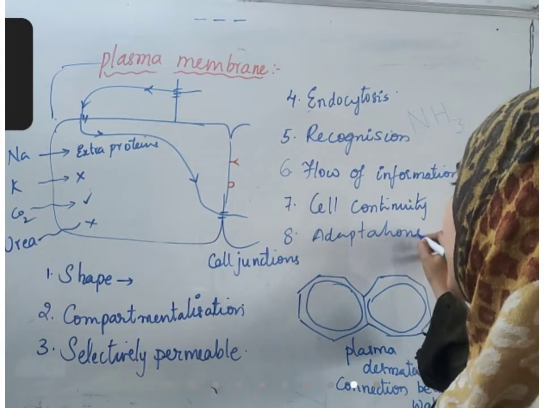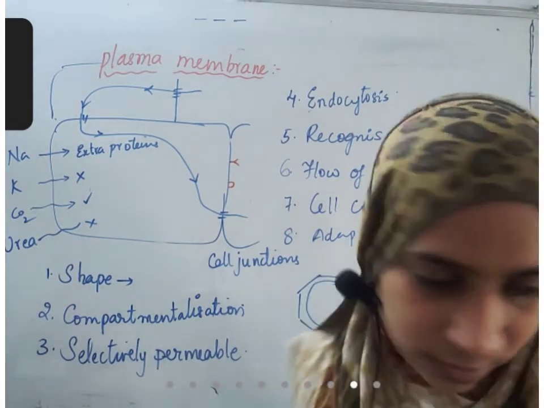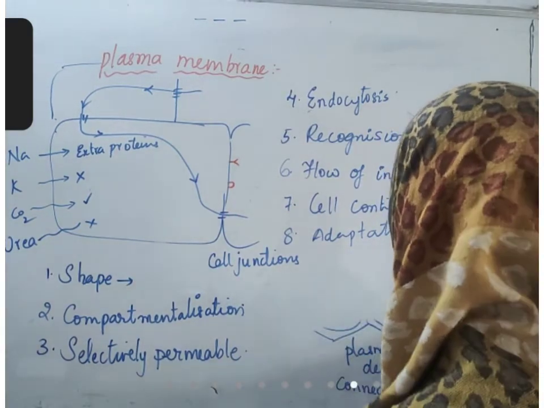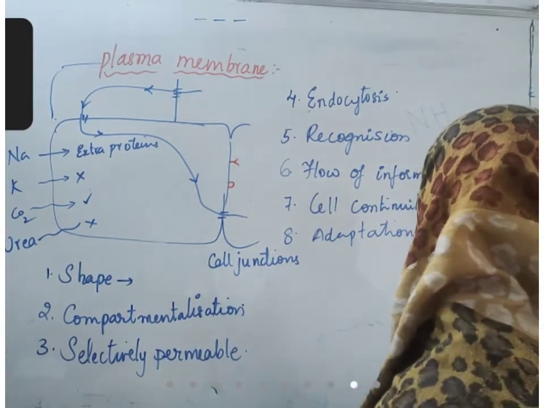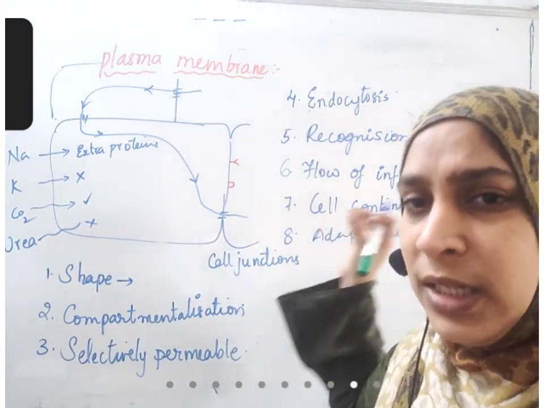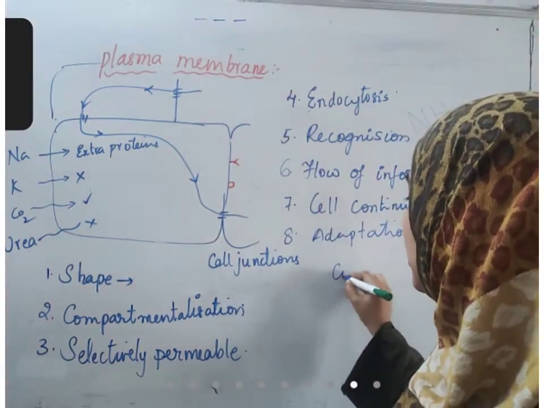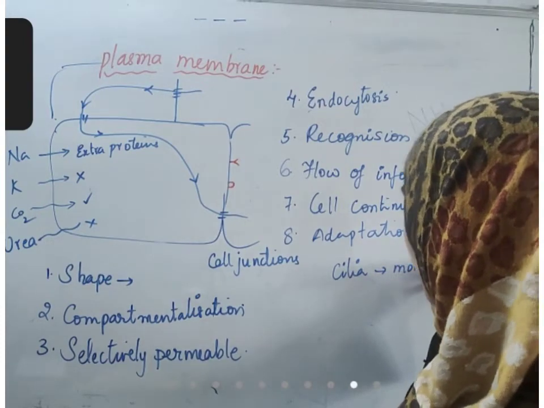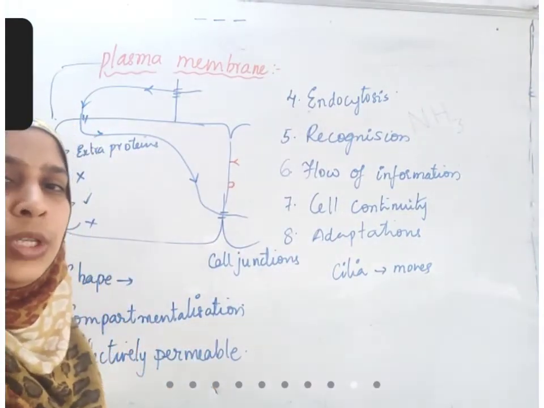Adaptations. Like you can see that the plasma membrane of cells that are present in the ear have cilia. If this cilia moves, vibrates because of vibrations, then only we are able to hear the sounds.